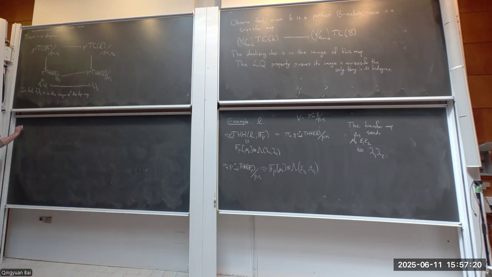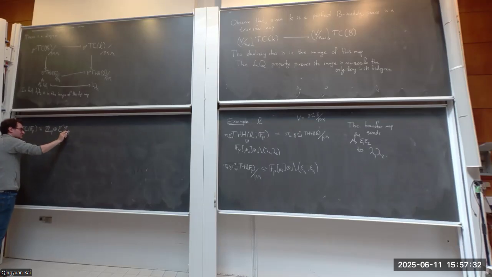And the point, if I look at TC of F_p, it's isomorphic to Z_p plus 1 minus 1 Z_p, and it plus 2 is equal to 3. Equal 0.